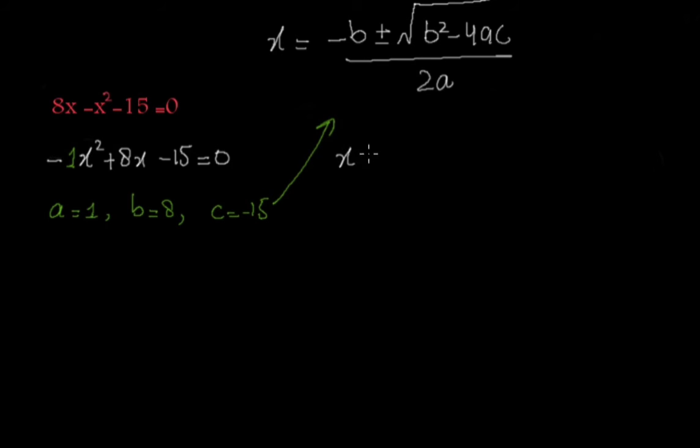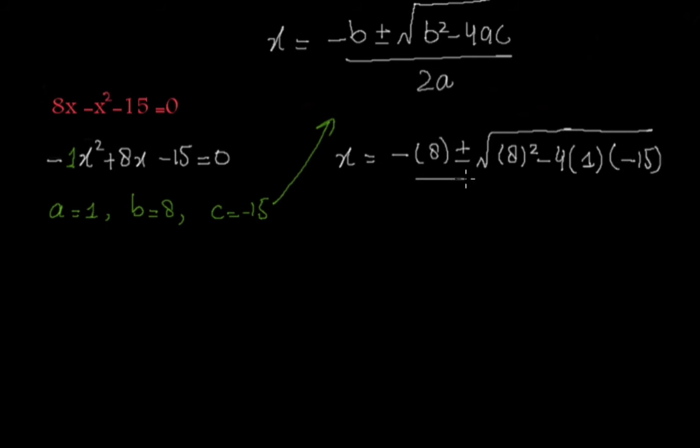So we get x is equal to -b, that is 8, plus and minus square root of b square, that is 8 square, -4 times a, that is 1, and c, that is -15, over 2 times a, that is 2.